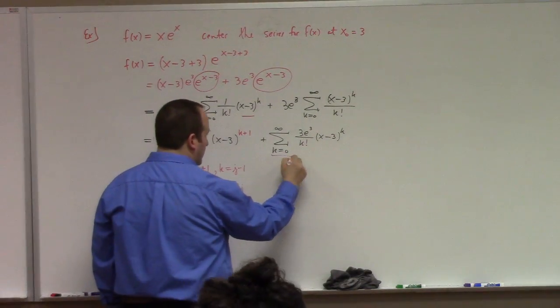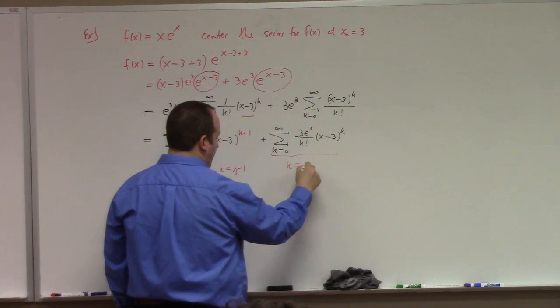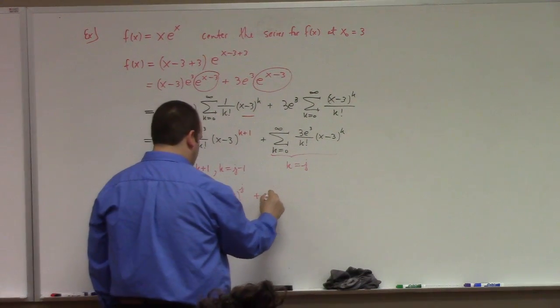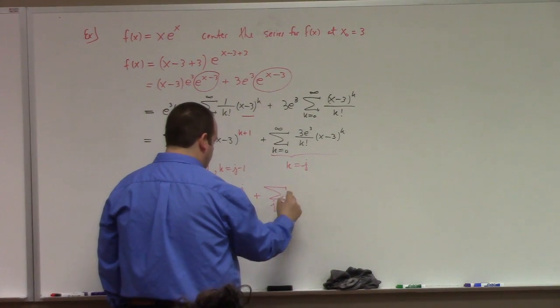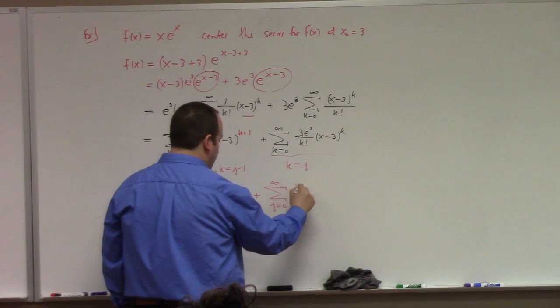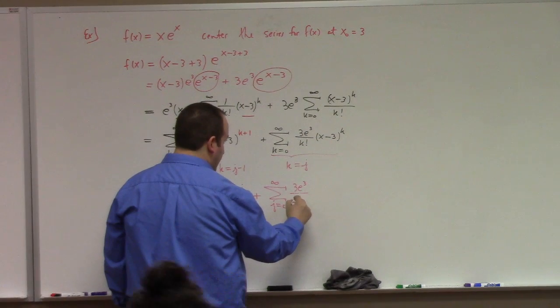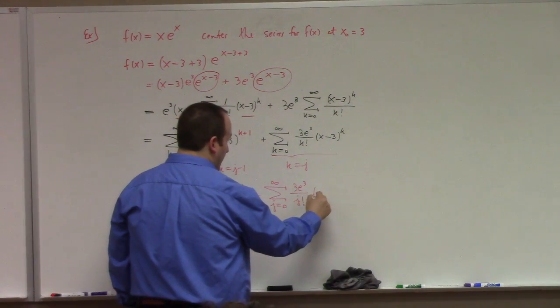And over here, I'll just let k equal j. So I have plus the sum j equals 0 to infinity, 3 e to the 3 divided by j factorial, (x minus 3) to the j.